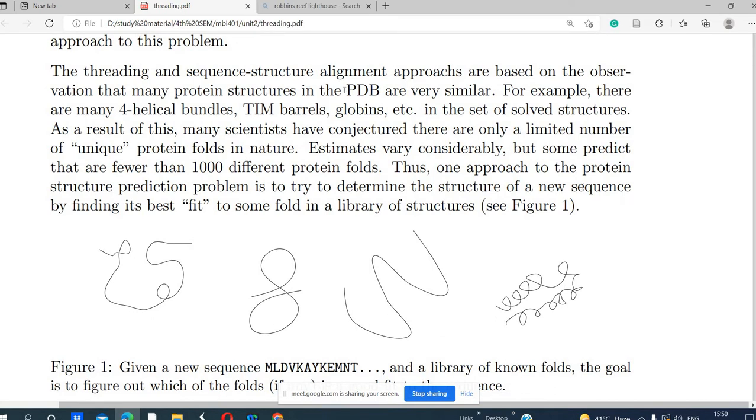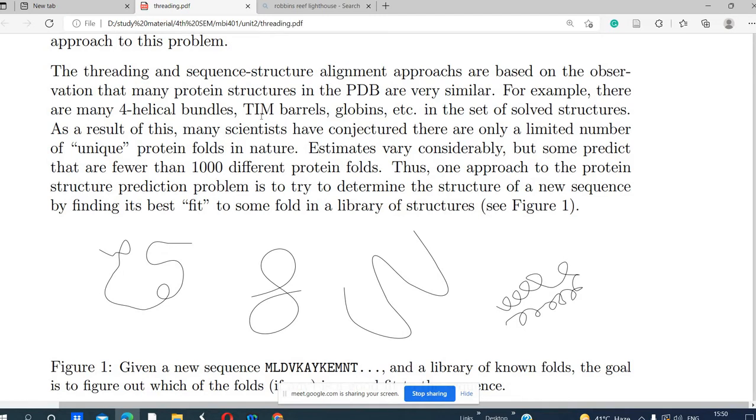The sequence structure alignment approach is based on the observation that in the PDB we have very similar structures, so the unknown protein can share a similar fold structure with a known structure that is available in the protein data bank.